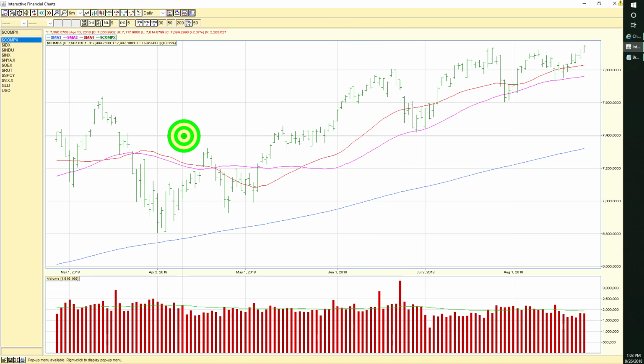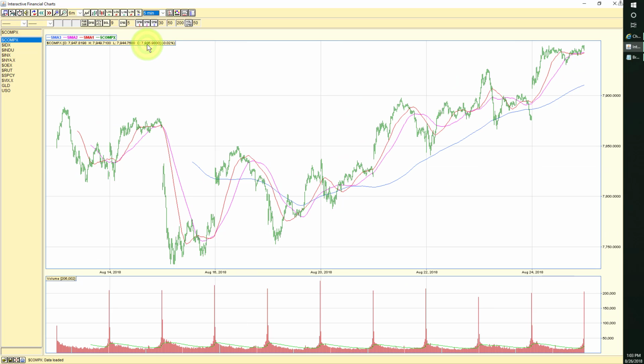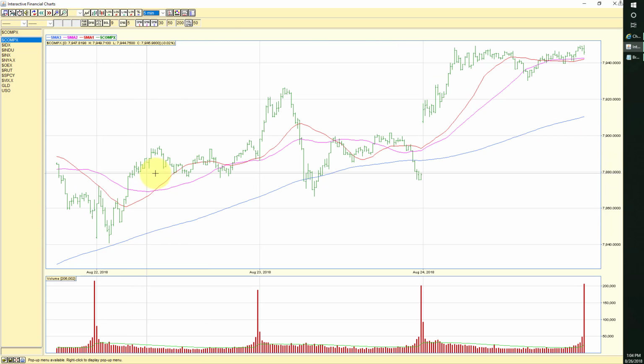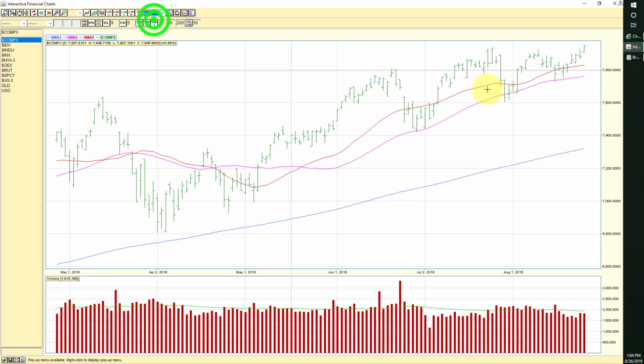Let's take a look at the 5-minute chart. We can see the stall on Thursday. We can even see the stall on Wednesday. Friday, we saw gains in the morning session and then sideways stagnation for the rest of the day.